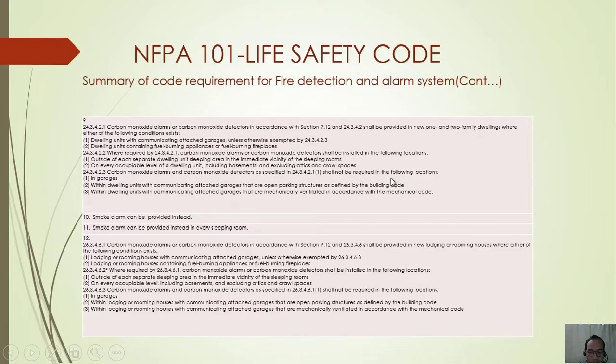CO is not required in the following locations: in garage, or where the attached garage is open in structure, not enclosed, then you don't need to provide CO there. And if the attached garages are mechanically ventilated, we don't need any more CO there.